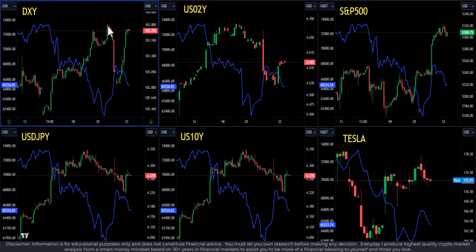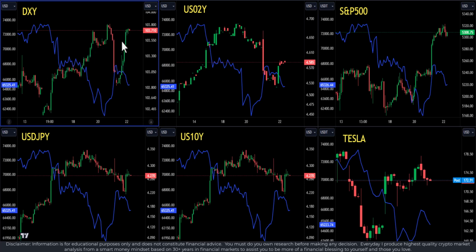Please make sure that you keep your eyes on the DXY and also on yields. You can see the US 2-year and the US 10-year have also been rallying, but overall there is a downtrend here. So something to keep in mind with the yields. If the yields are in a downtrend, silver and gold are likely in an uptrend, but silver and gold are also impacted by the DXY, which is in overall uptrend territory.